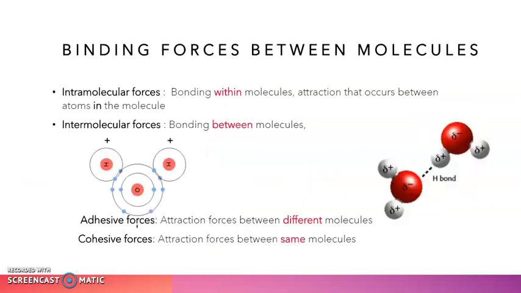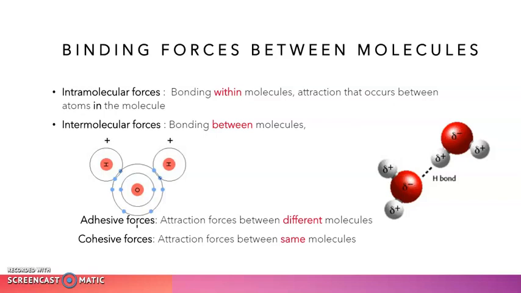Now, binding forces between molecules can be classified in different ways. The first classification is intramolecular forces and intermolecular forces. Intramolecular, as the name suggests, is bonding within molecules. That means attraction that occurs between atoms in the molecule. Intermolecular is bonding between molecules.